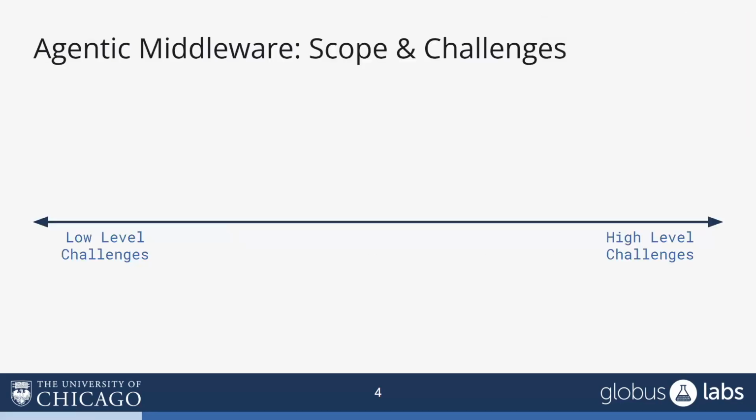This really comes with a scope of very difficult challenges. From the high level, which is I think where a lot of people start, is how do you integrate LLMs? How do you call them? How do you train them?